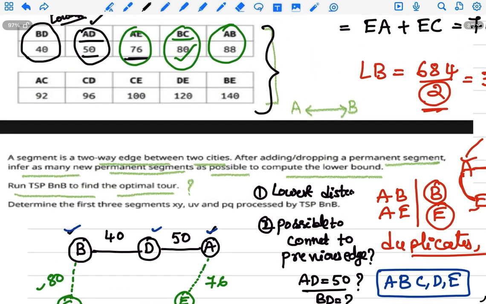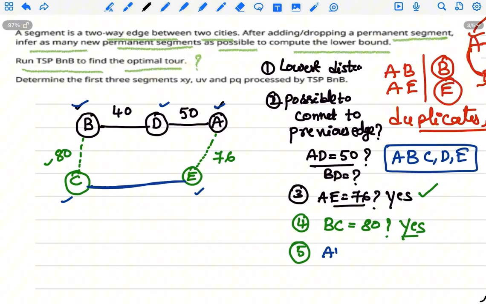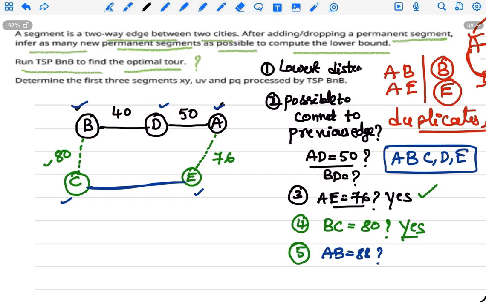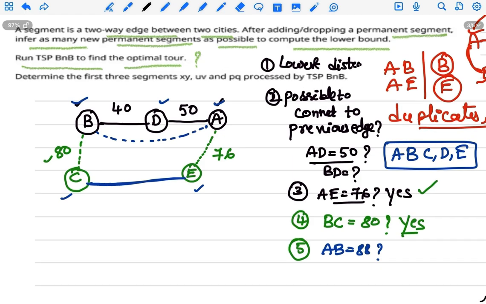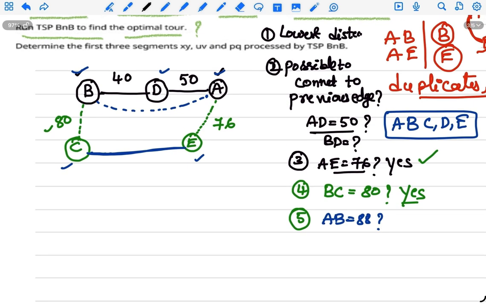So AB, is it possible to connect 88? AB is 88. Is it possible to connect? So if we connect AB, is this a complete tour? It's not a tour, right? The tour has to represent all the nodes. So if we form AB, only 3 cities are there.